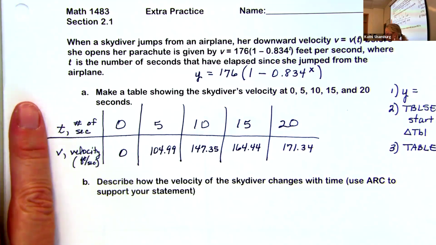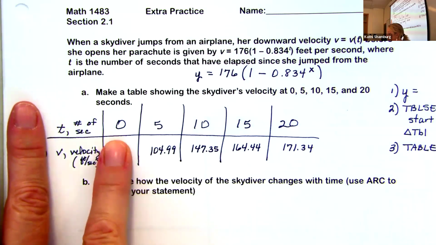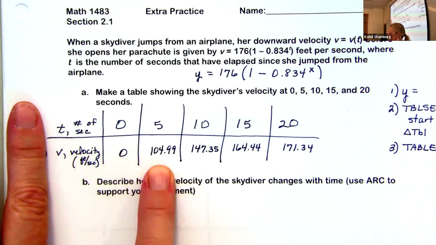So think about this, we're skydiving. Well, not me, nor would I. No way, not going to do it. So 0 seconds have passed, you go out the window and you're dropping 104.99 feet per second.